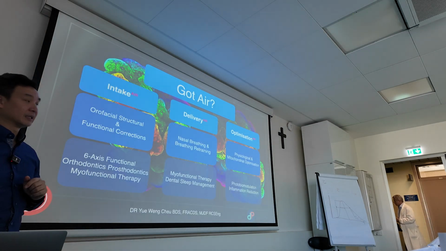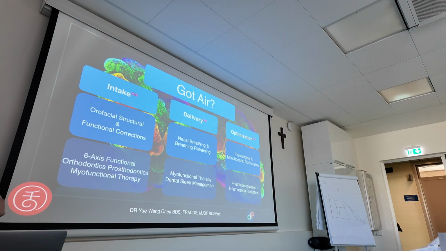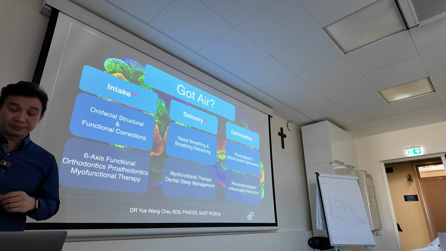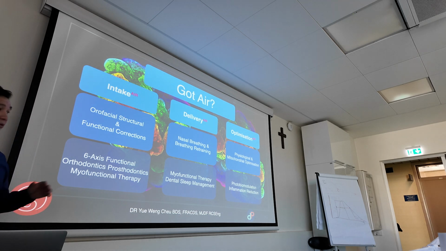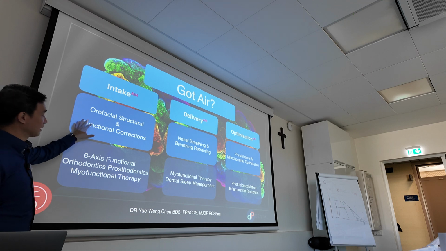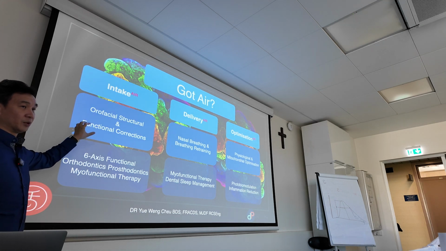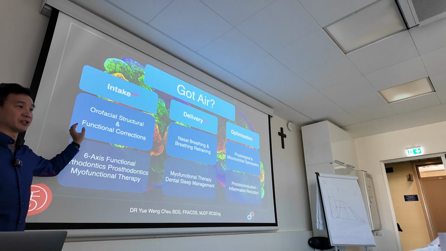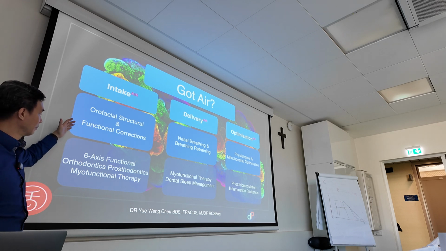So this is, like I said, a simple classification of the things to look out for: air intake, orofacial structure, functional correction. We talk about myofunctional therapy as functional correction. I'll explain a little bit more.